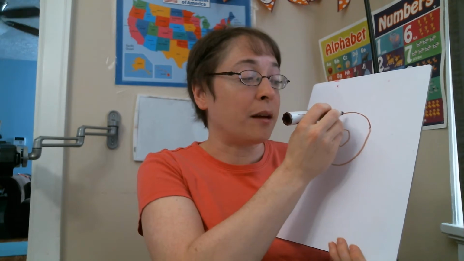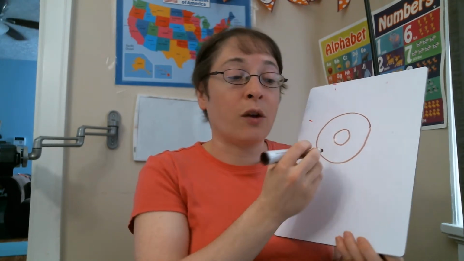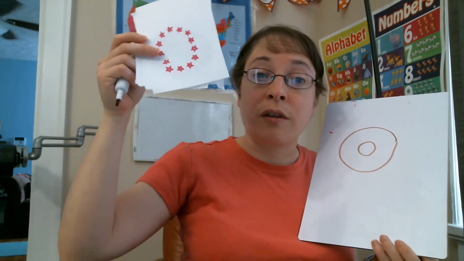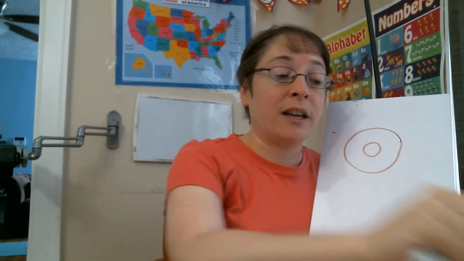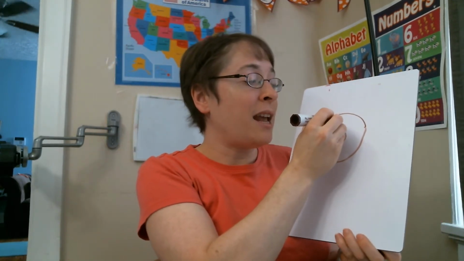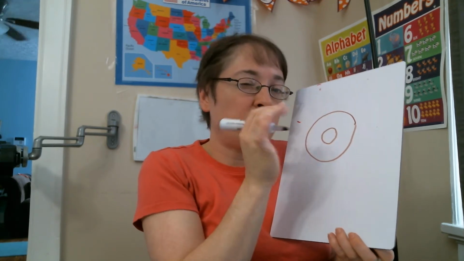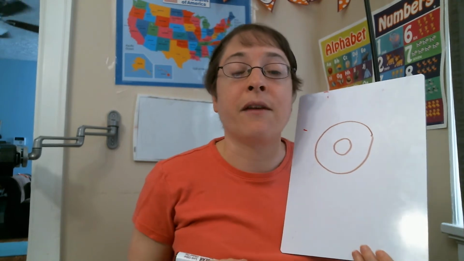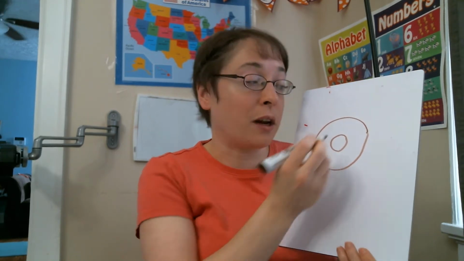If you drew a donut, let's make 14 sprinkles. I'm going to make them going around, like we just were doing with circular configurations. I don't want any to be close to each other. So I'm going to go around the circle and make 14 sprinkles.